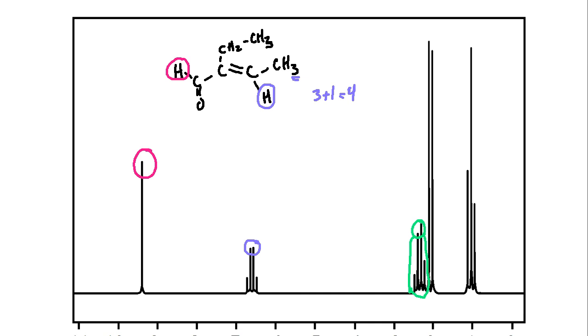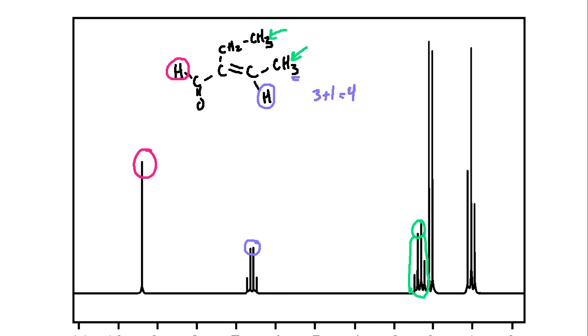If you take a look at what's left, you've got the 2 methyl groups, each of the CH3s, and you have the CH2. Well, the first methyl group here, its neighboring proton is only 1, so I couldn't get a quartet out of it. And if I look at this methyl group, its neighbor only has 2, so I could only get a triplet out of it.